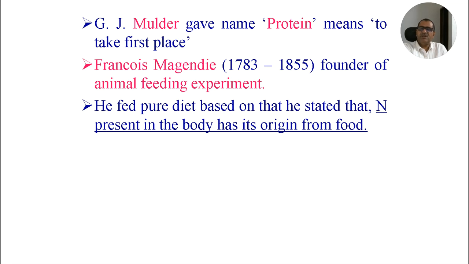Then G.J. Mulder gave the name protein, meaning to take first place. Proteins were named by Mulder. Then Francois Magendie is the founder of animal feeding experiments. I think this person contributed greatly to science, including medicinal products, and put his hand in several aspects.